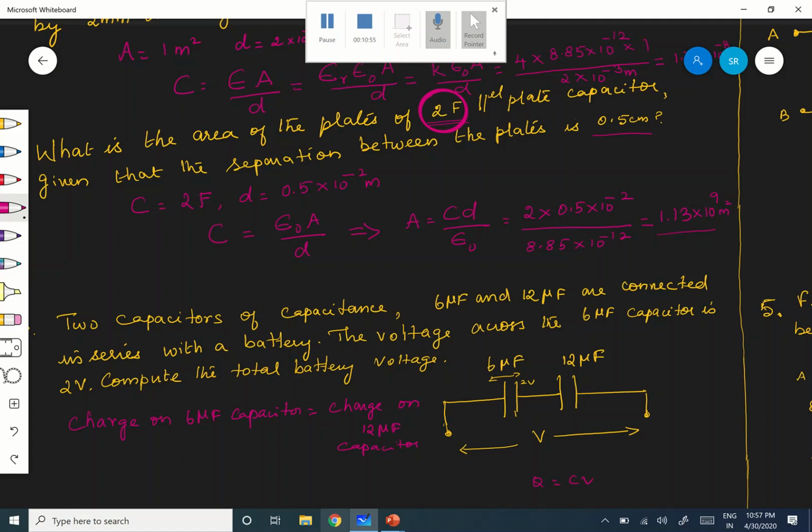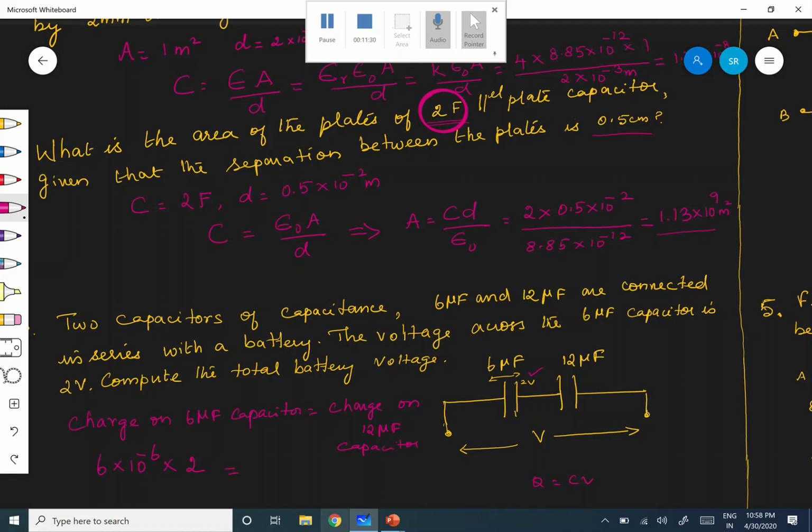The voltage across the 6 microfarad is given as 2 volt. Therefore Q equals C into V, where C is 6 into 10 power minus 6, and V is known as 2. It is given. Are you following?